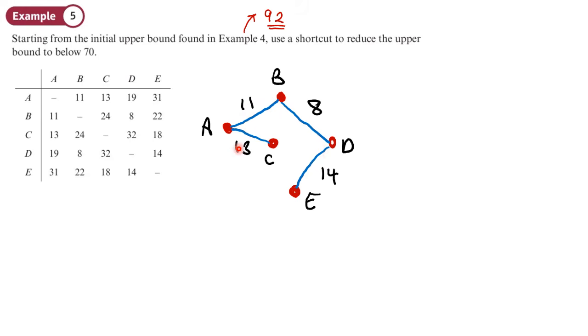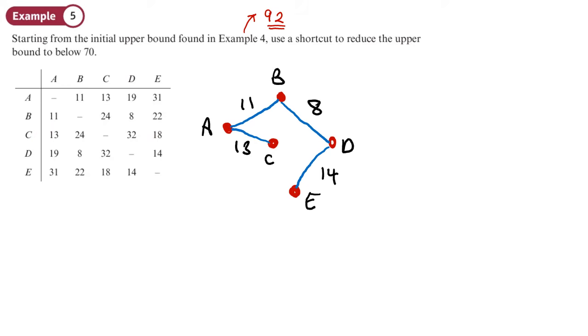Now if we keep the same starting vertex, what we could do is just go A, B, D, E, and then E to C. Using the least distance table, I can see that the least distance between C and E is 18.